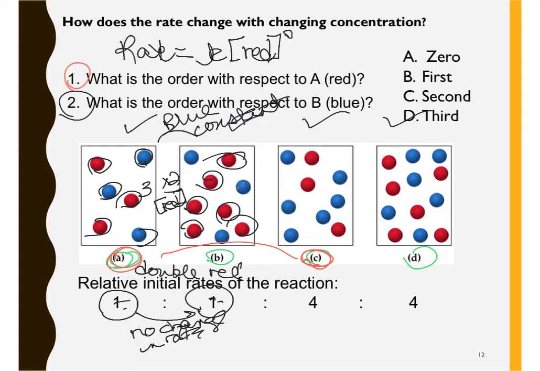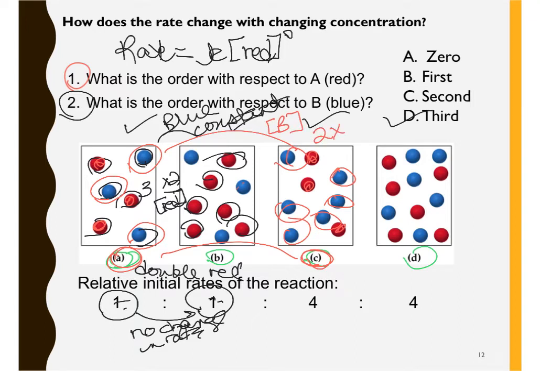Will that work? A has 3 red and C has 3 red. That's awesome. I want red to stay constant because I'm trying to figure out the effect of blue. Now, blue has gone from 3 in experiment A, and it's doubled. It's gone to 6 in experiment C. So the concentration of B, comparing experiment A to C, doubles.